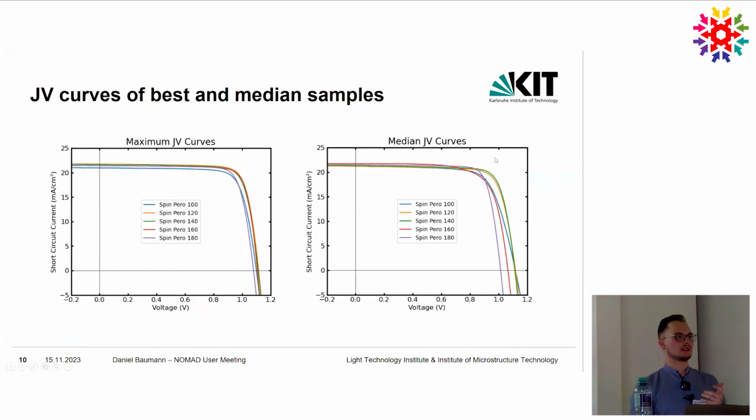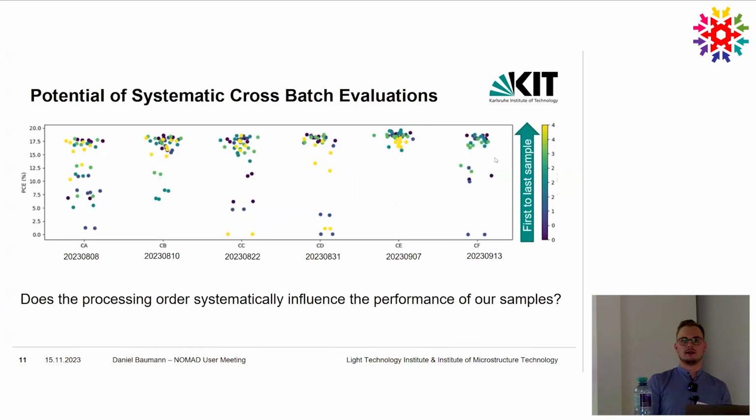But maybe what else can you do if you have all the data saved? Maybe you can analyze interesting experiments across different batches or even across different experimenters. And another interesting question you could ask is, okay, does the order in which I process my samples affect the samples in any way?